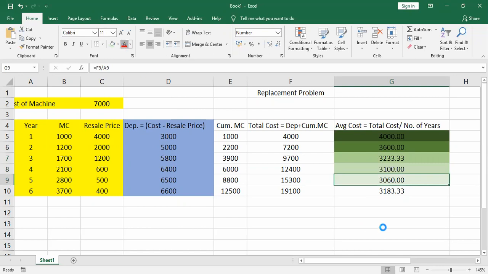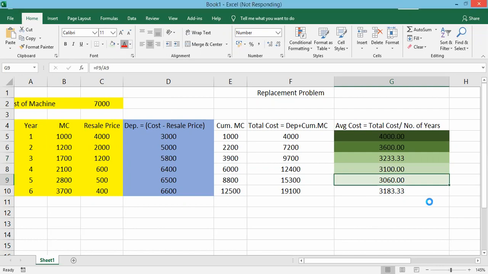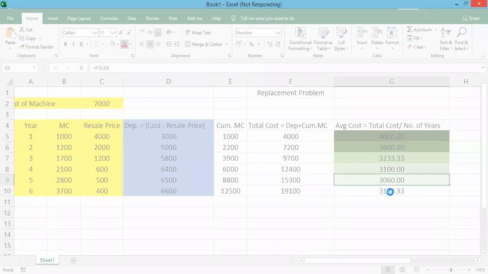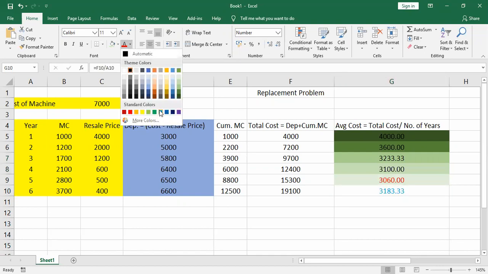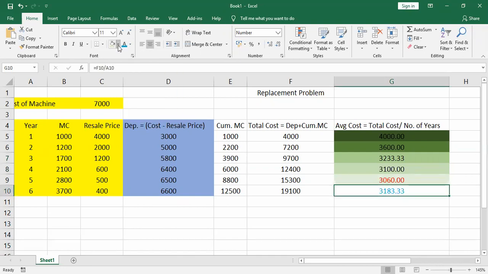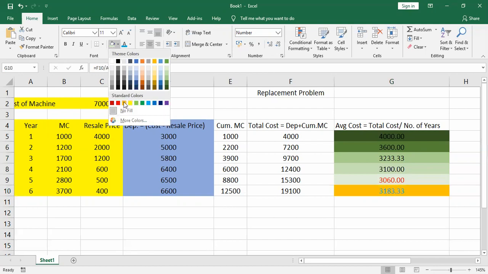It is our minimum cost. 3,060 is my minimum cost, and after this the cost is going to increase. When cost increases, it is not good for us, right?